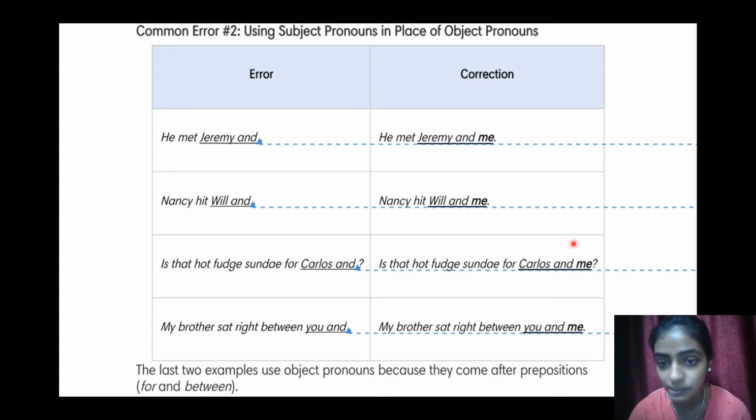We can't use a subject pronoun here. "Is that hot fudge sundae for Carlos and I?" It sounds wrong. So an object pronoun should be used. Instead of I, it would be me. So these were the common errors that people make. Go through the previous slide and this slide, go through the examples, and you will get a much better understanding.